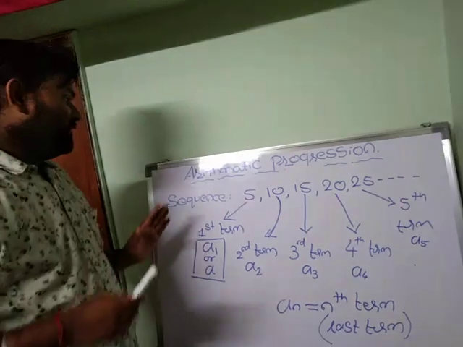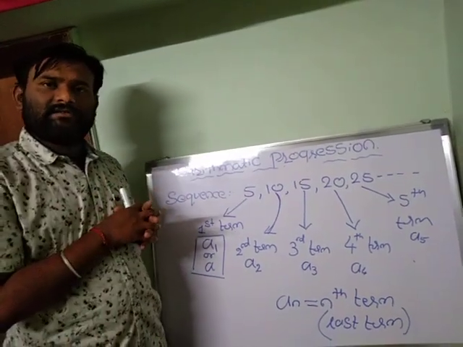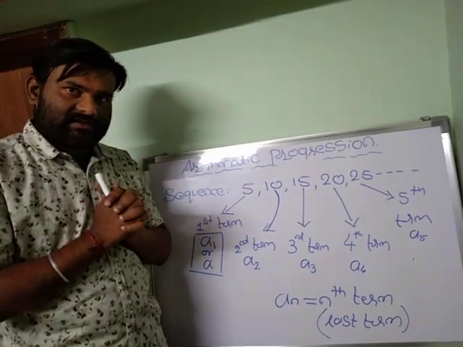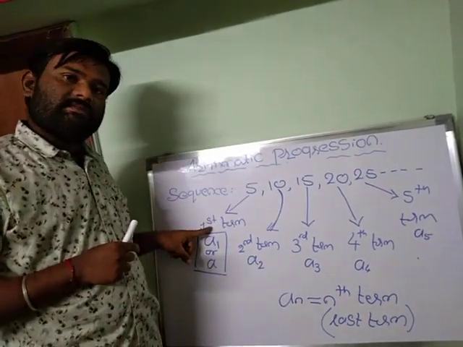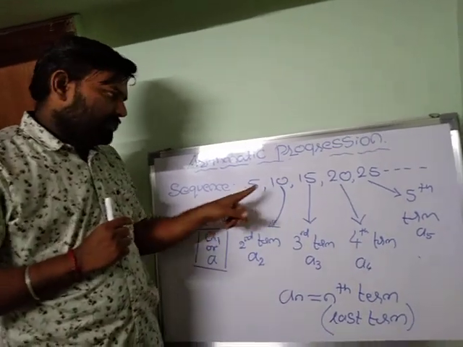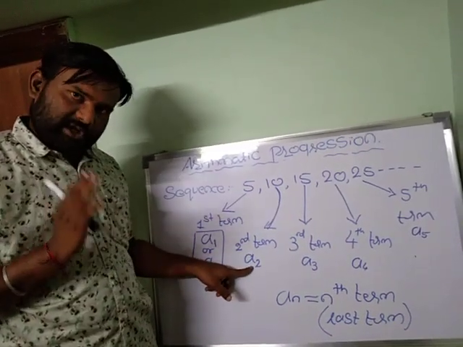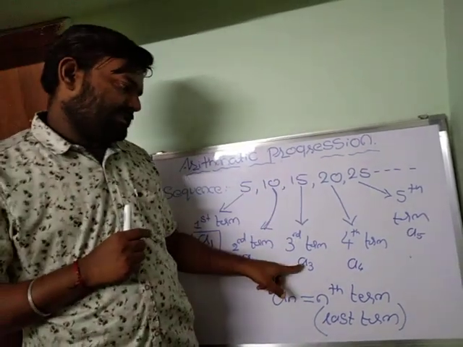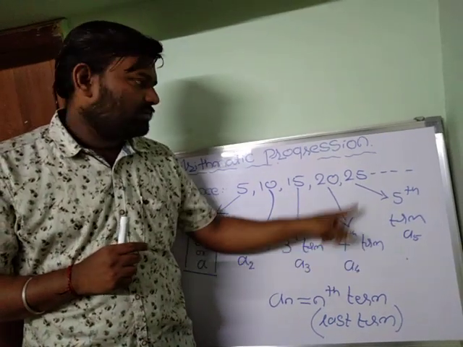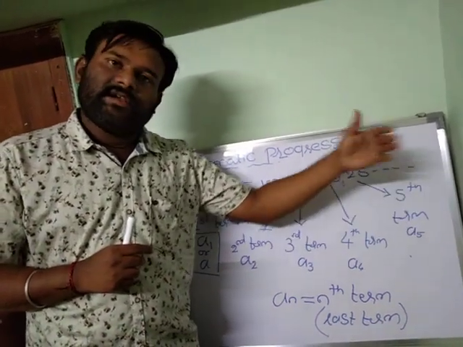I repeat, take any sequence which follows a particular law. The first term is always written as A1 or A, the second term as A2, the third as A3, the fourth as A4, the fifth as A5, and it continues.